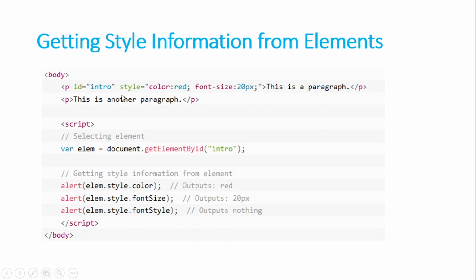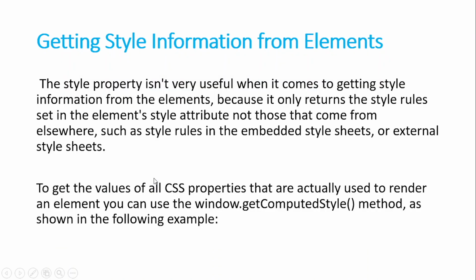If, let's say, this color red is not applied like this, but instead it is applied in an internal CSS or an external CSS, at that time you'll not get any information about the color. That's why we cannot always use this approach to get the style information. We have a different approach for that.